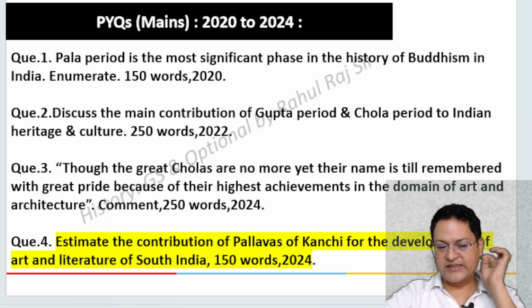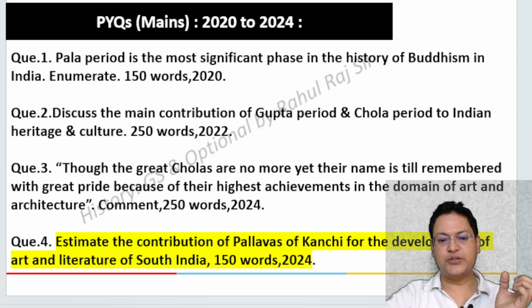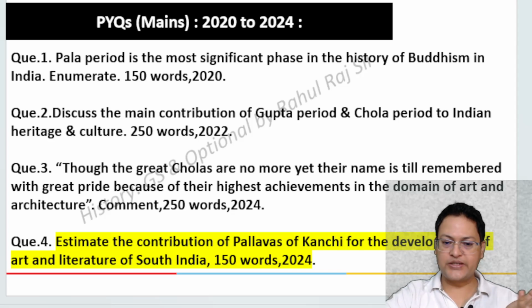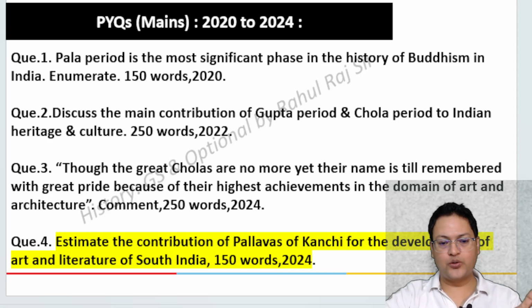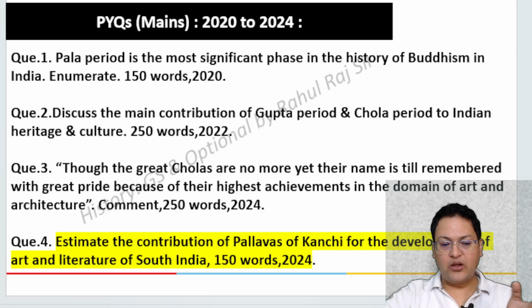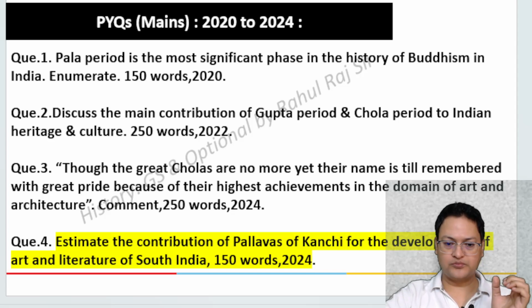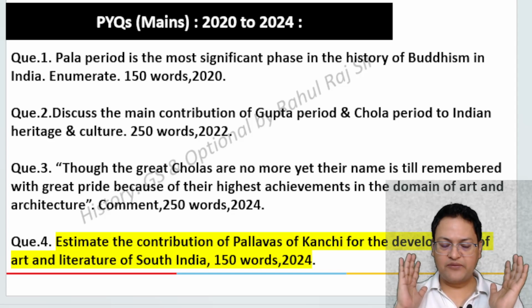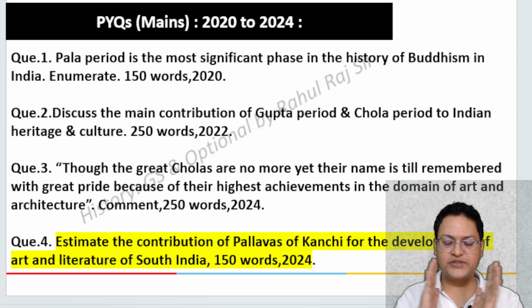The Pala period, as I discussed, this also students usually ignore. Then Gupta in ancient people do, Chola, yes, students do, right? So again Cholas and Guptas are important themes. Now look at this question, question number 4: Estimate the contribution of Pallavas of Kanchi for the development of art and literature of South India.